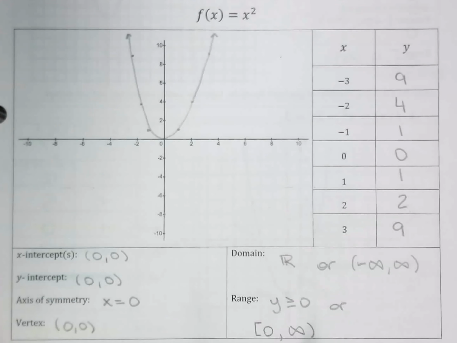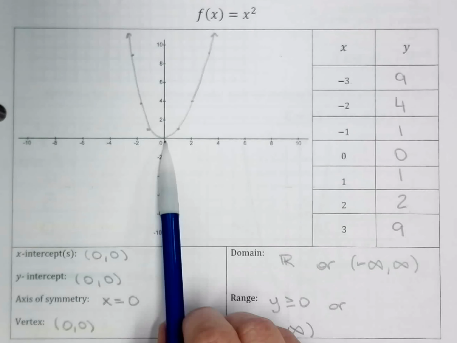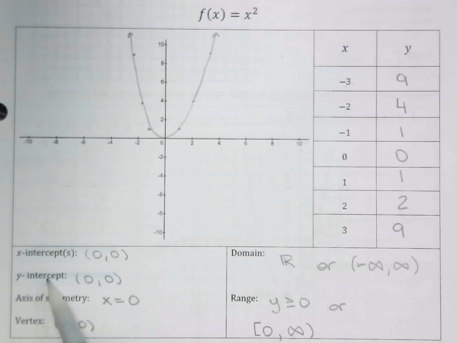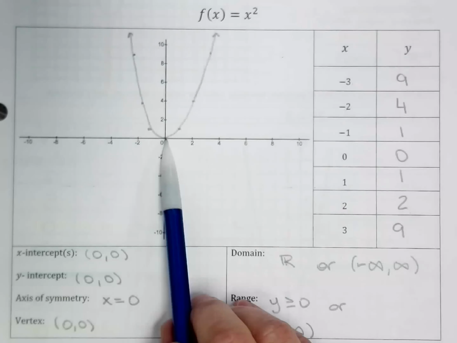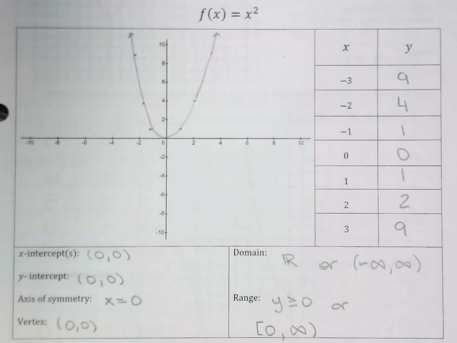Now, I have the x-intercept. We only have one in this case. It intersects the x right there at 0, 0. It also intersects the y right there at 0, 0, or the origin. The axis of symmetry is the line. It's a vertical line that goes through the graph.